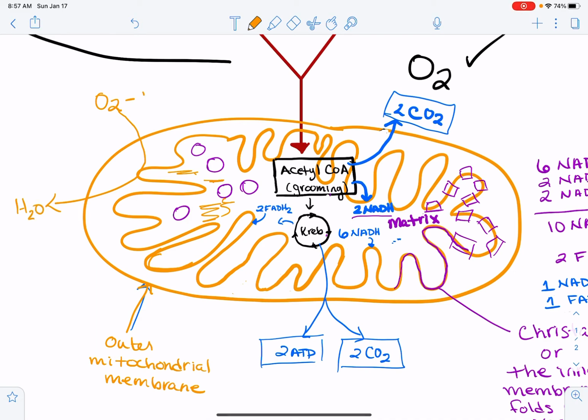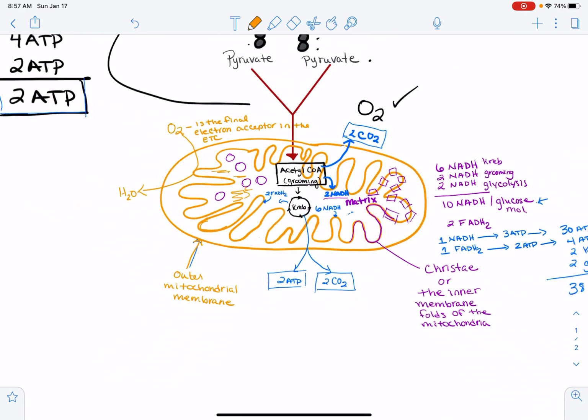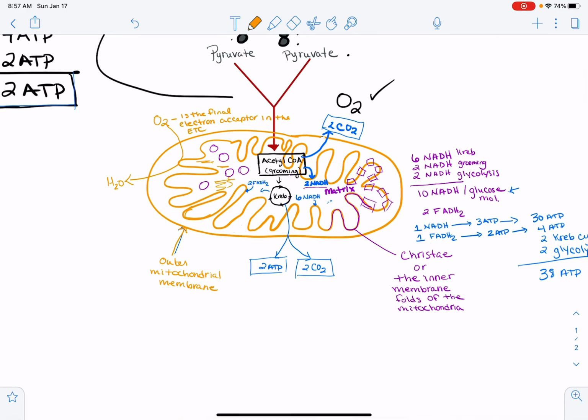So oxygen is the final electron acceptor in the electron transport chain. When it accepts the electrons, it produces water as a byproduct.